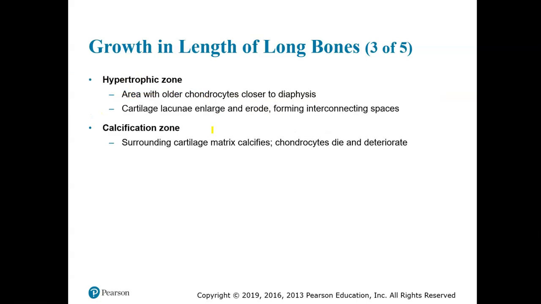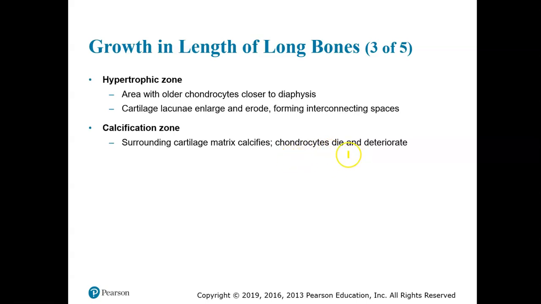And then you have the hypertrophic zone, which is the area with older chondrocytes closer to the diaphysis. And then the calcification zone is the area where the cartilage matrix is calcifying.